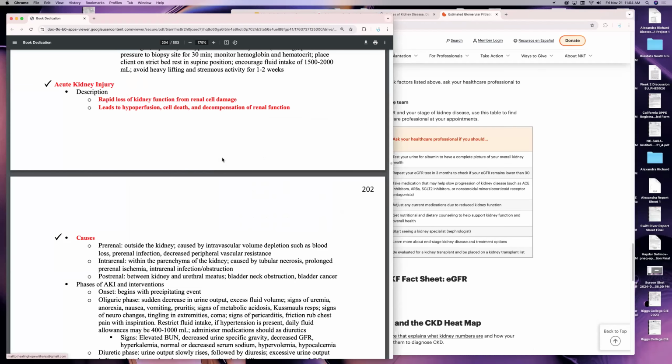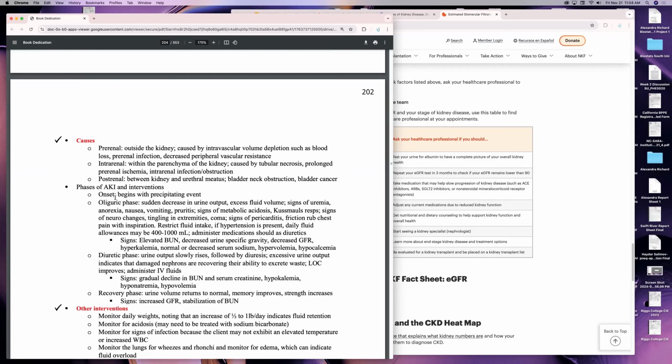And remember, acute is rapid, versus chronic kidney disease, which is progressive, over time, gradual, right? But acute kidney injury is a rapid loss of kidney function. We can get the kidney function back if we reverse the cause.